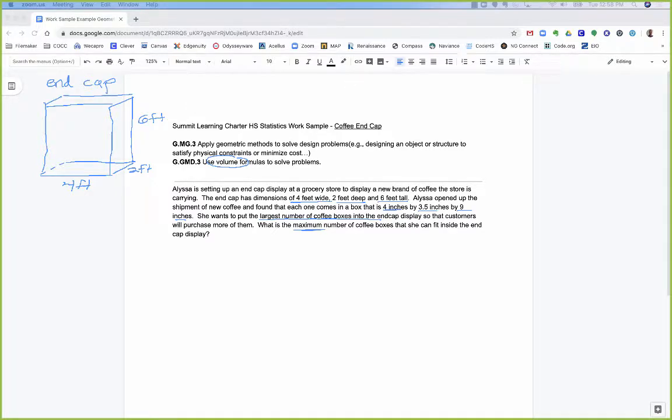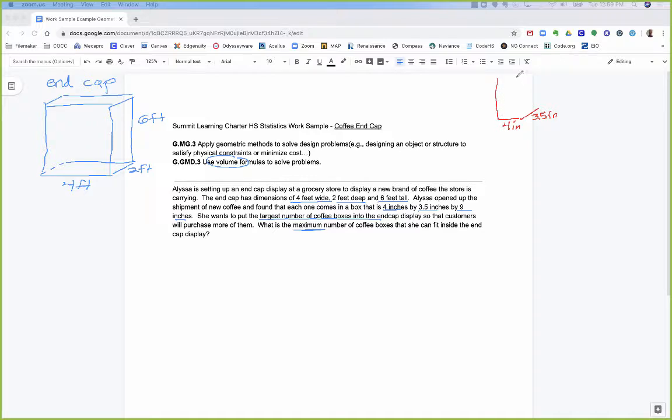The other thing we need to keep track of is the size of each coffee, right? How much coffee fits. So let's draw a little coffee one over here. It's a lot smaller, right? It's 4 inches wide, so 4 inches by 3.5 inches deep. We got ourselves a decimal to work with. And 9 inches tall.